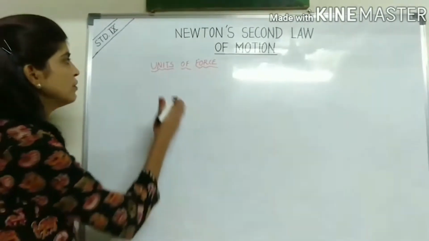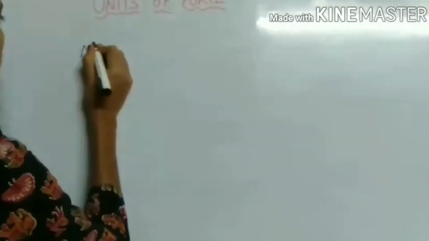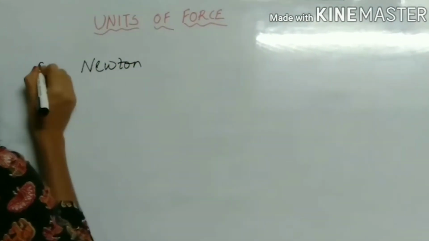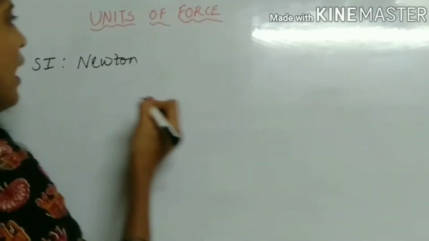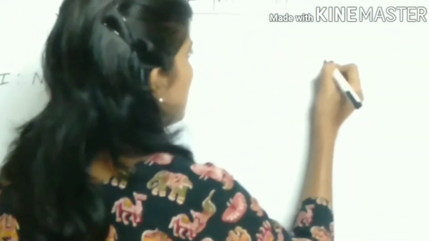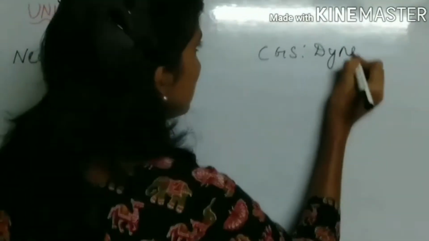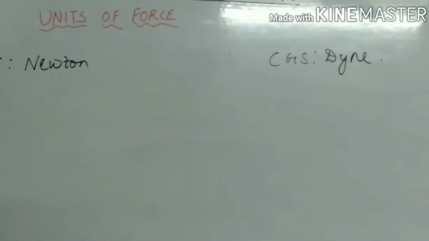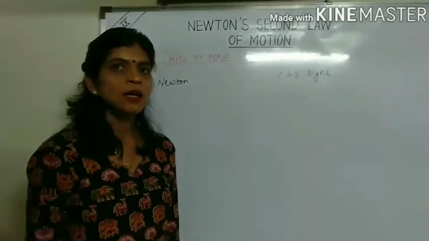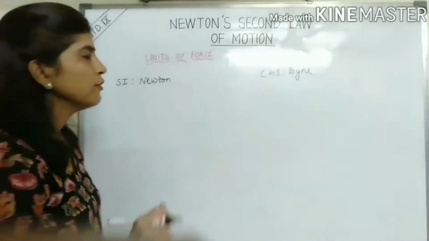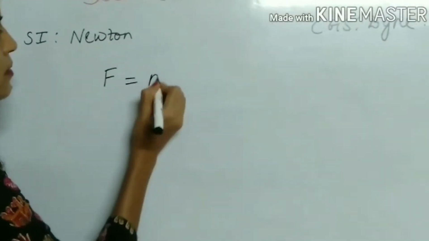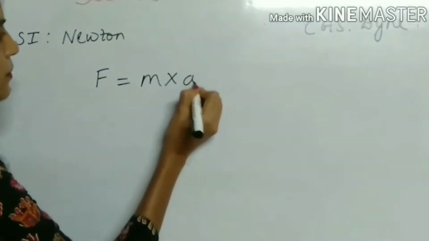Now let's understand units of force. The unit of force in SI system is Newton, and in CGS system it is Dyne. If you are told to define 1 Newton force, how will you define? First of all, we have to write the formula for it. Force is equal to mass into acceleration.